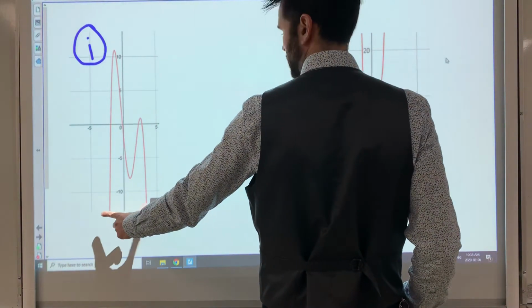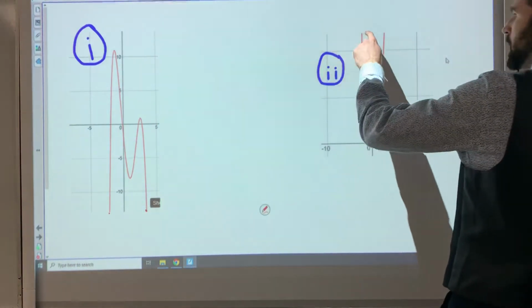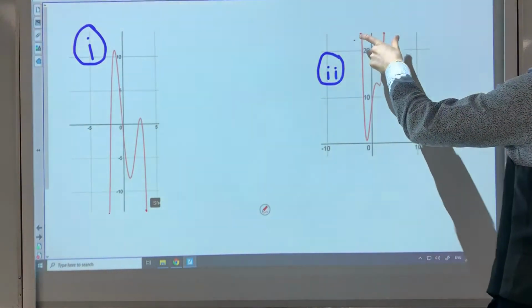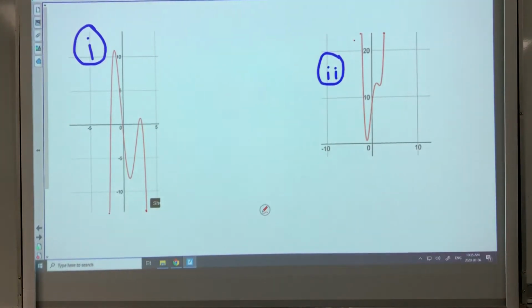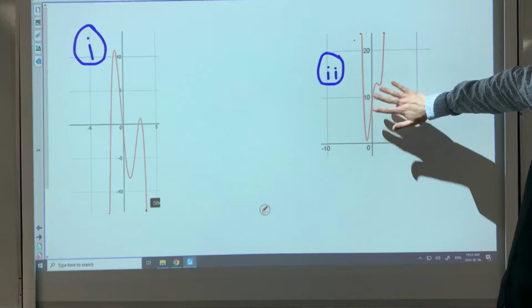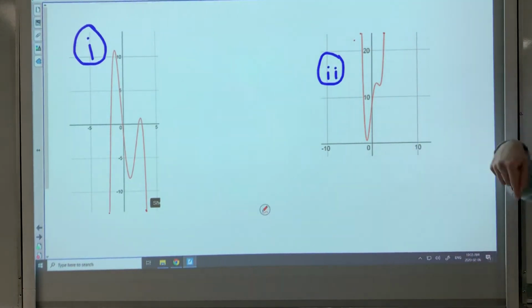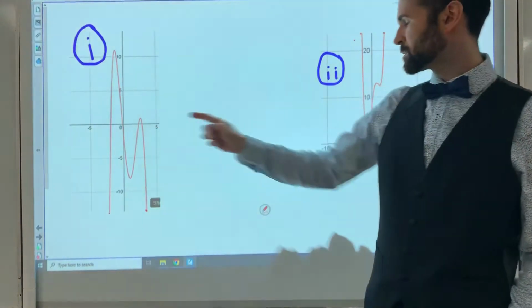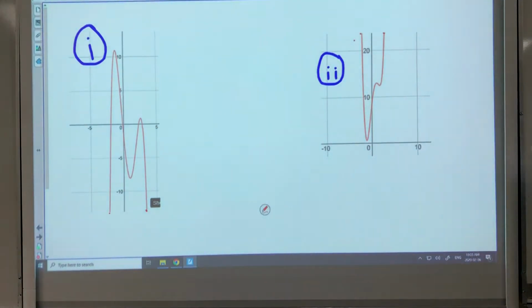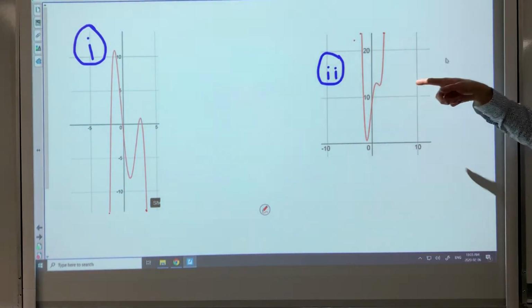Starts and ends down here, quadrants 3 and 4. Positive ends up here in quadrants 1 and 2, if you ignore all the stuff that's happening in the middle. And look, this one has no x-intercepts. So finally a graph where, instead of having the maximum number, we don't have any x-intercepts. But do you notice how we do still have a y-intercept?